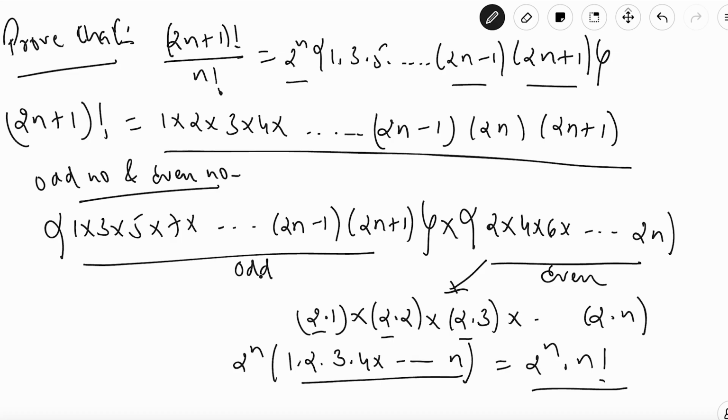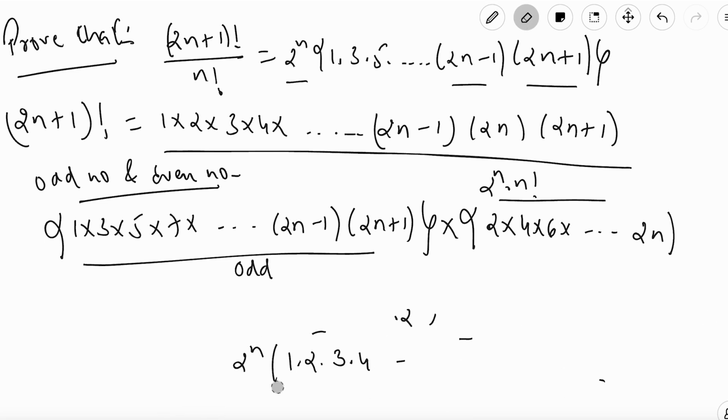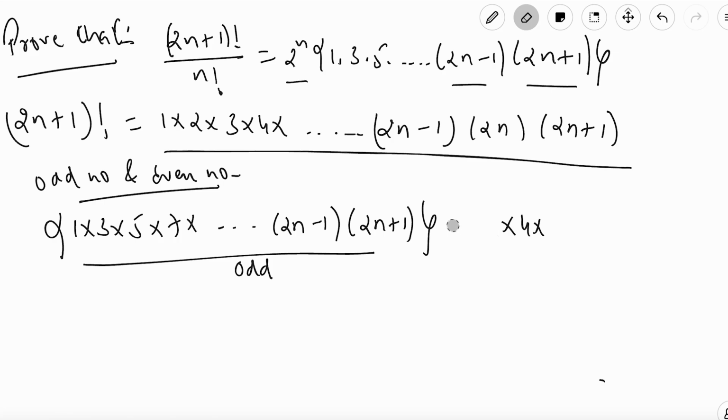Now when we substitute the even numbers with 2 to the power n into n factorial, this entire equation basically becomes this multiplied by 2 to the power n into n factorial.